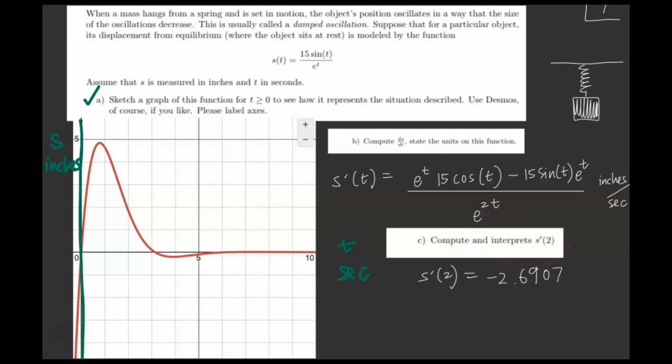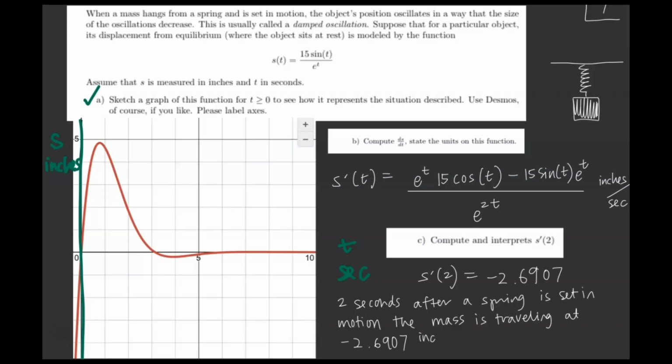2 seconds after a spring is set in motion, the mass or the object is traveling at negative 2.6907 inches per second.